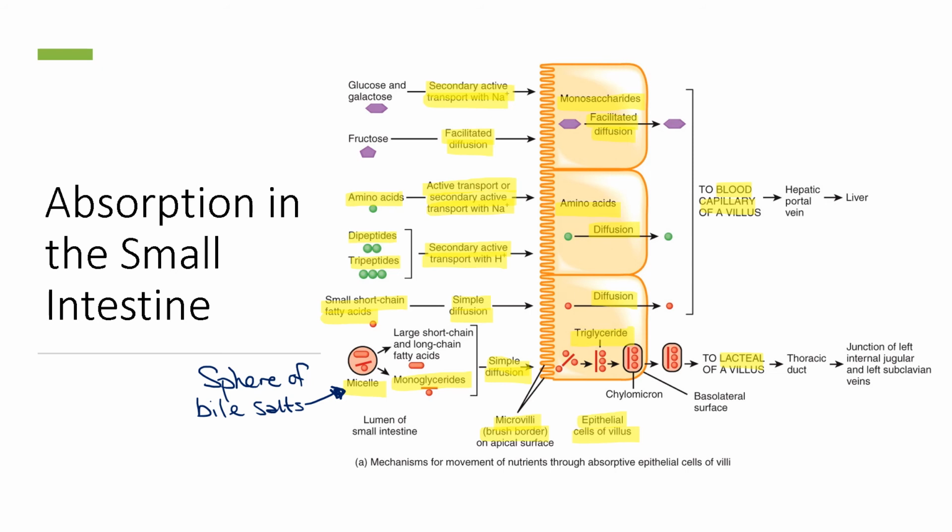And these triglycerides are going to stick together into globules, and they're going to become coated in proteins. So they make this large spherical mass inside the cell that's called a chylomicron. And the chylomicron itself is able to diffuse out of the cell into a lacteal. So chylomicrons can't travel in the blood by themselves, but they can travel within the lacteals in the lymphatic system.